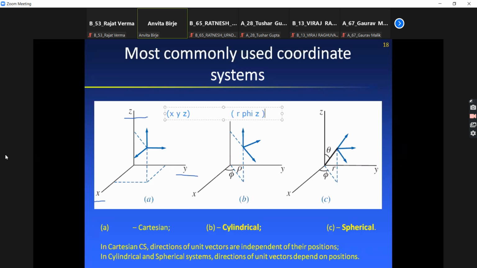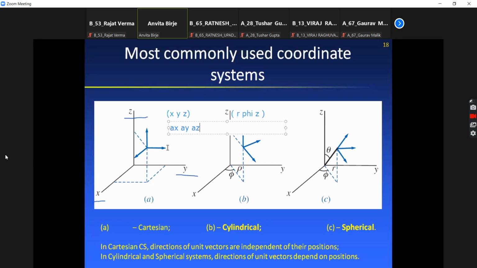Okay, so please remember, in the rectangular coordinate system, the point is written as x, y, z, and उसका unit vector होता है a bar x, a bar y, a bar z.